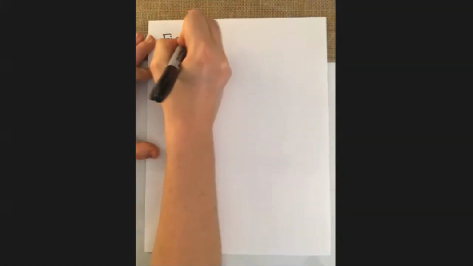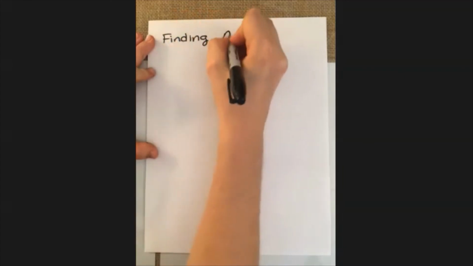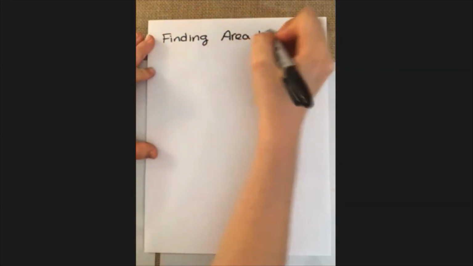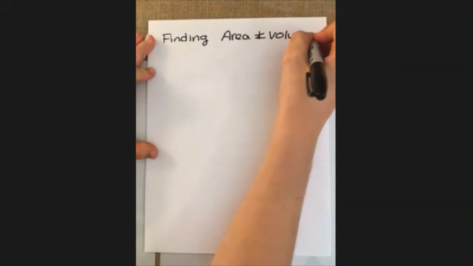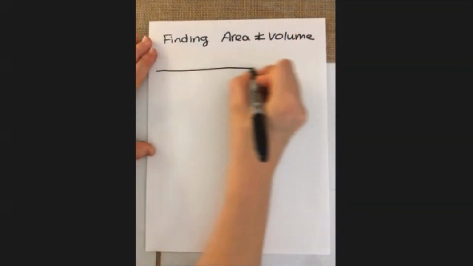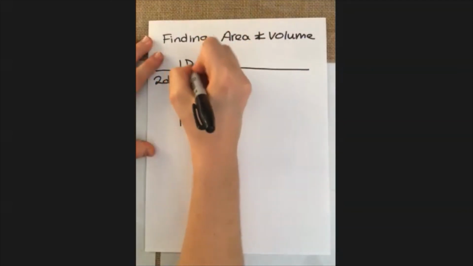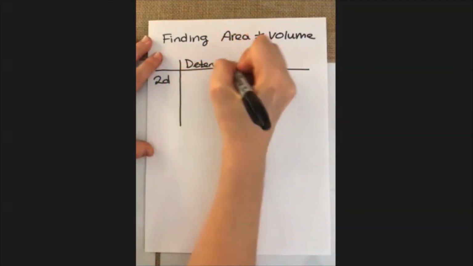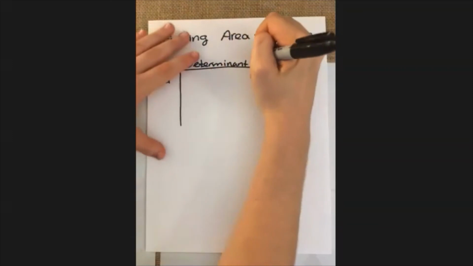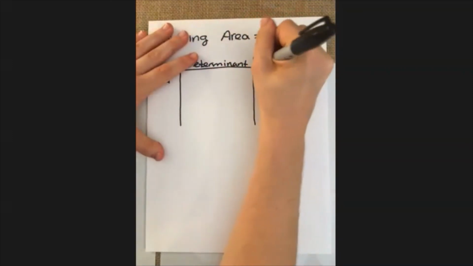Now, I do want to take a moment to kind of clarify when you should use a determinant versus when you should use a cross product to be able to find area and volume. Now, I'm just going to make like a little table here. When you're working in the 2-dimensional case, you're actually going to get the same thing out of the determinant versus the length of the cross product.